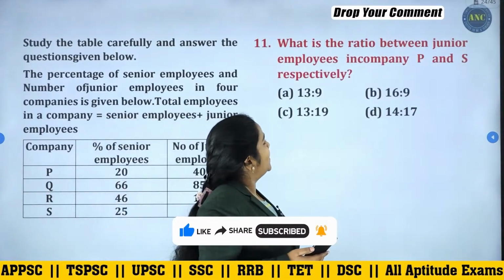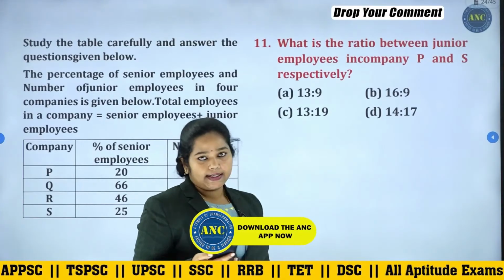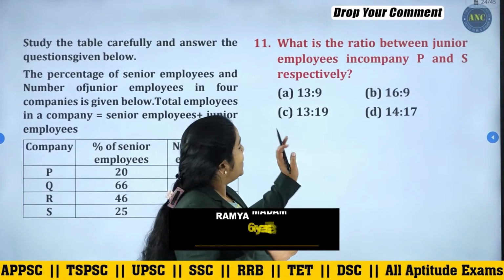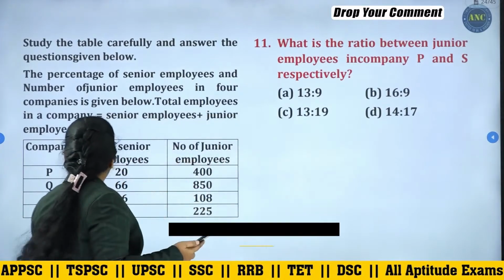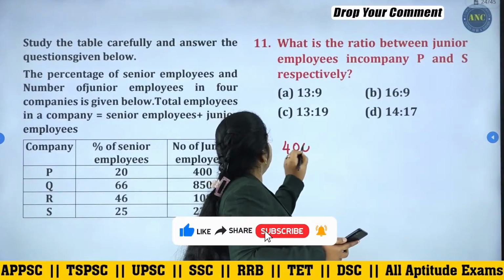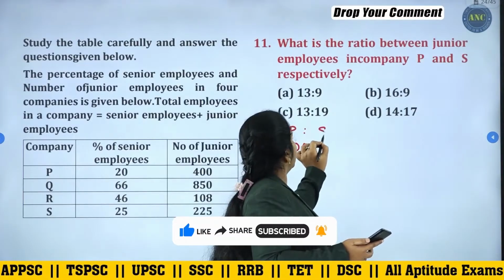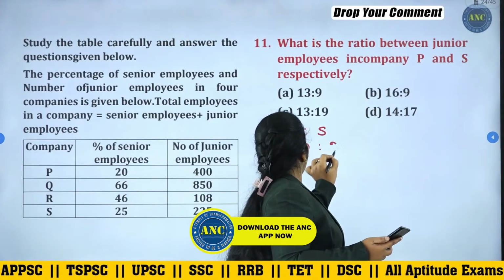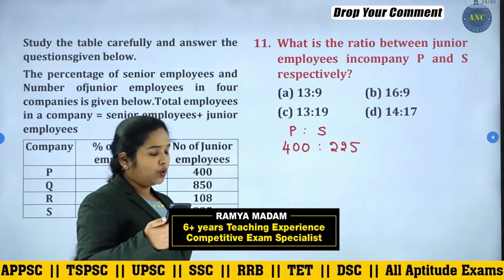What is the ratio between junior employees in company P and S respectively? The number of junior employees in company P is 400 and in company S it is 225.